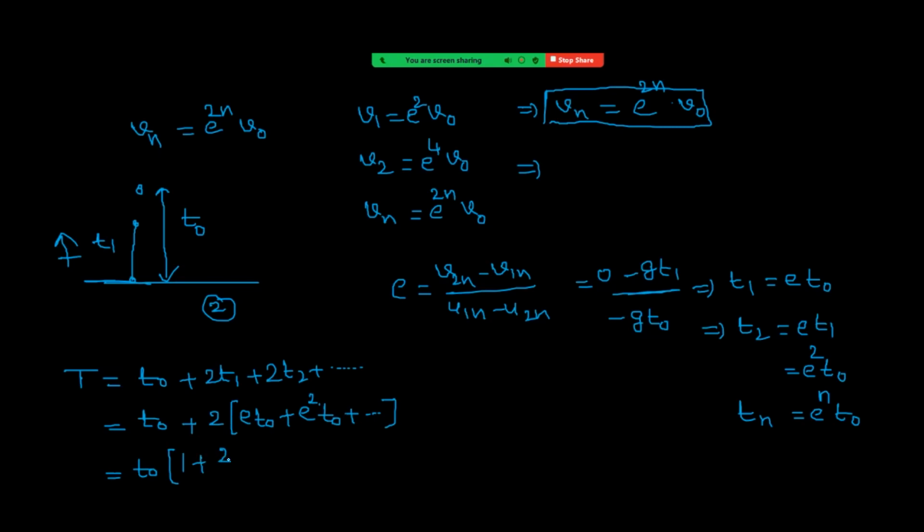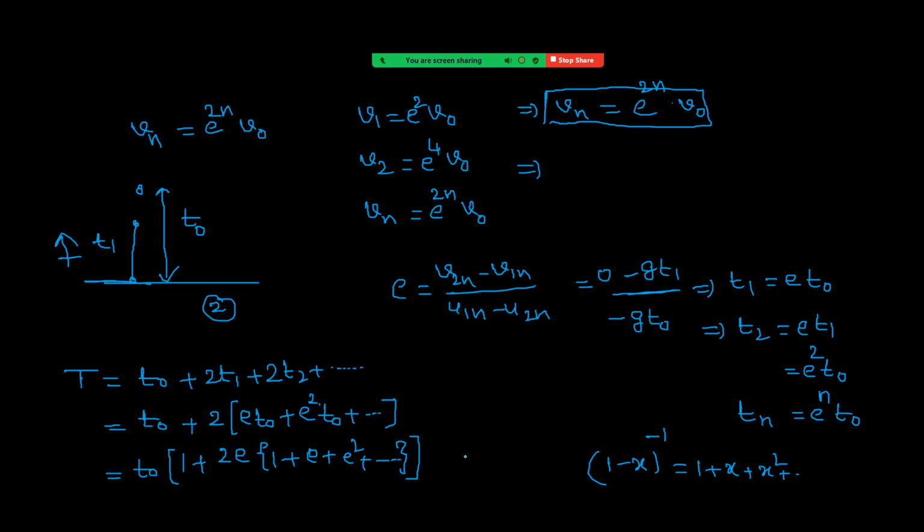Remaining is 1 plus 2, see what I have taken here. 1 plus, take e also outside, 2e. Remaining is now 1 plus e plus e square plus and so on. And this is now expansion for 1 minus x whole power minus 1, 1 plus x square and so on. So we have in the place of x, it is now e.